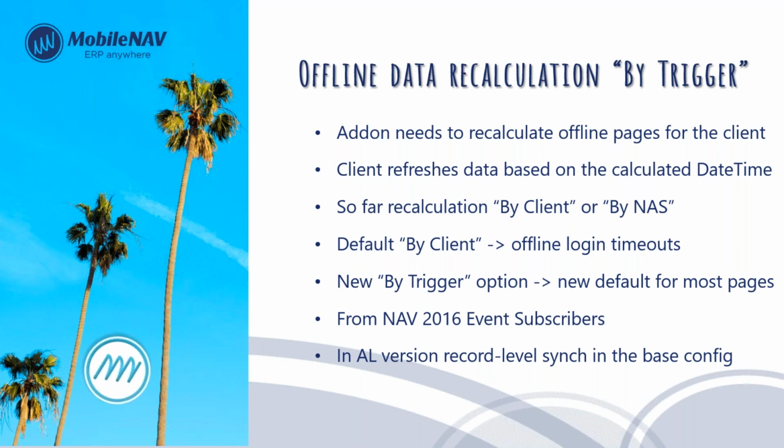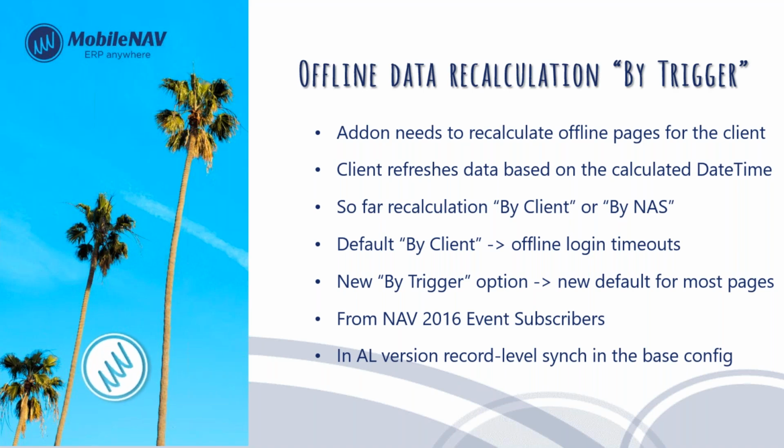Because there, with the event subscribers, you can subscribe to modified or insert or delete triggers of the system on a certain table. And from inside that trigger, you can also let the MobileNAV client know that this particular table has just changed. And this means that the recalculation should not be done anymore.